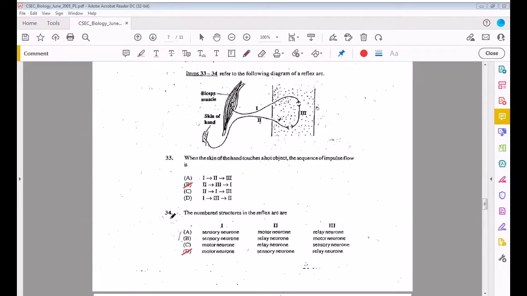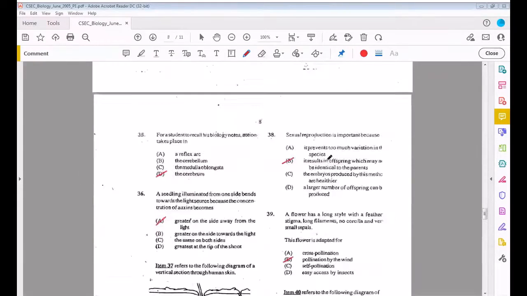And 34, the numbered structures in the reflex arc, D would be the correct answer. So 1 is the motor neuron, 2 is the sensory neuron, and 3 is the relay neuron.